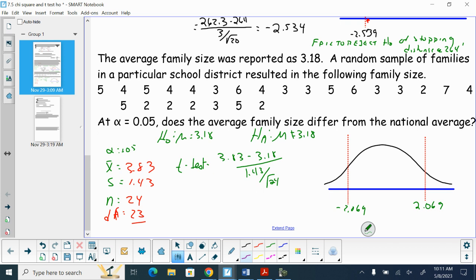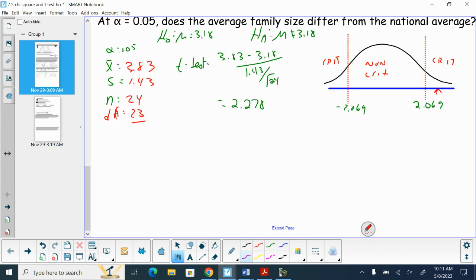Jace, what do you get for a test value? 2.278. Which throws us non-critical, critical, critical. So we have 2.278, out here in the critical region. So we can reject the null hypothesis.